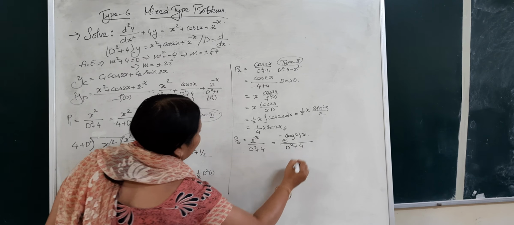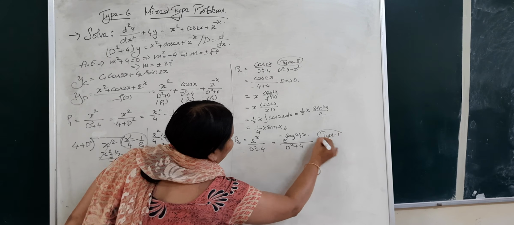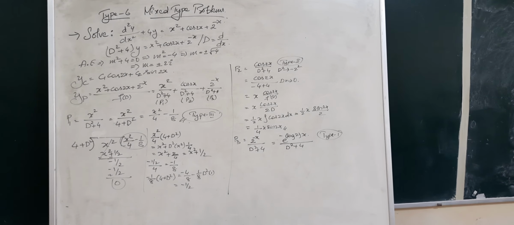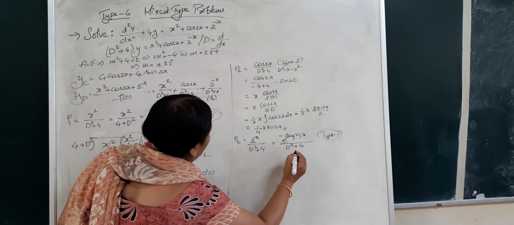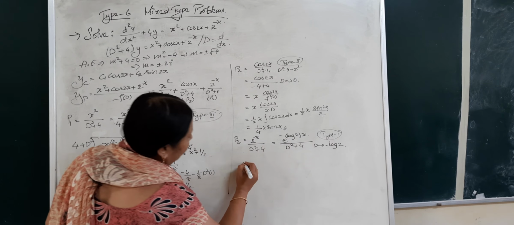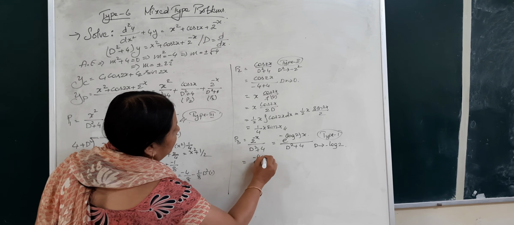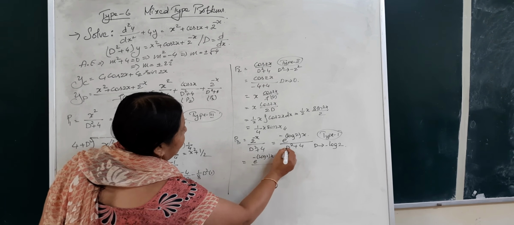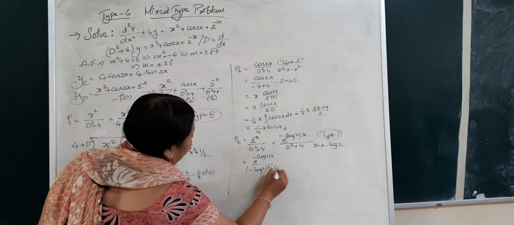Understood? Applying type 1, it's been quite a long time since we did type 1, so you have to recollect it. What will we do in type 1? D should be replaced by a. That's it. D is just replaced by a. So what is a? a is the coefficient of x in the exponential form. So our D is being replaced by minus log 2. So this will become e to the power minus log 2 times x, the whole divided by minus log 2 the whole square plus 4.